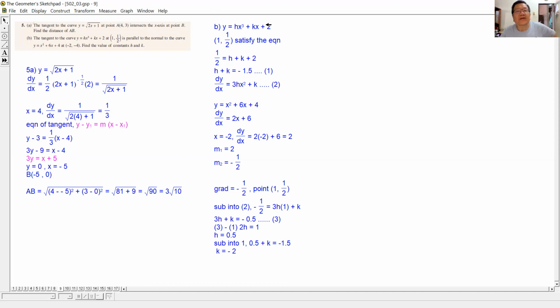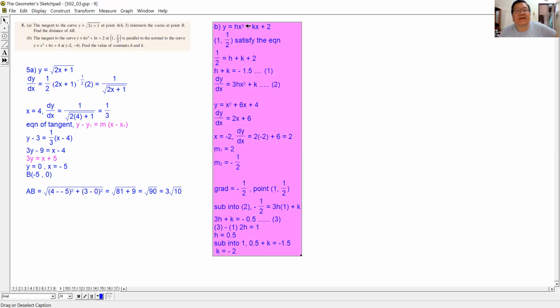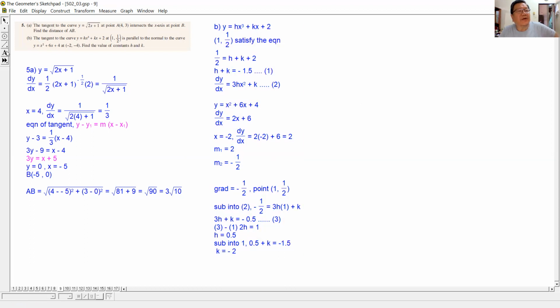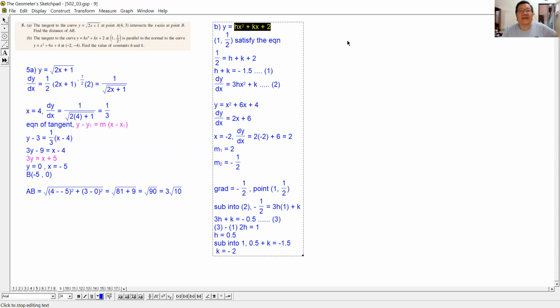The first equation is this thing: y equals hx cubed plus kx plus 2. Now, since this point lies on this curve, I can substitute in this point and form one equation.